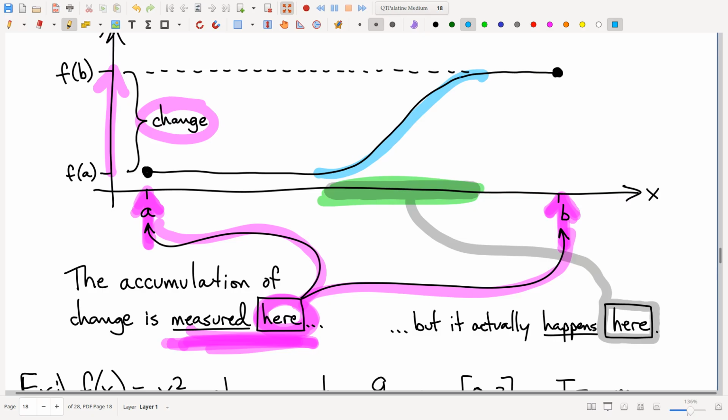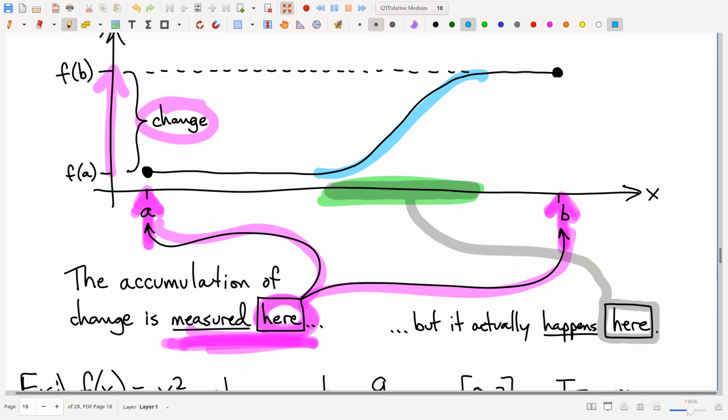But I argue that in the same way that this accumulating quantity computed on the boundary actually and of course happens in the interior, likewise with circulation and likewise with boundary flux. It's actually happening in the interior.